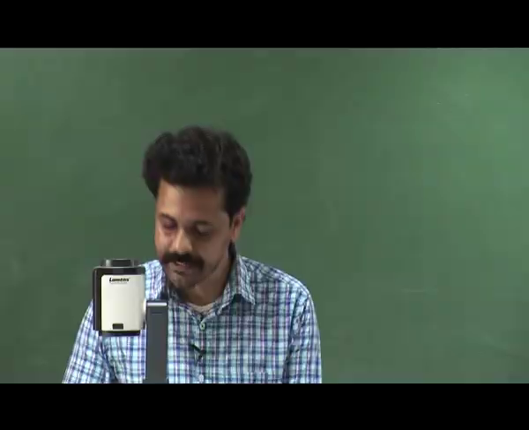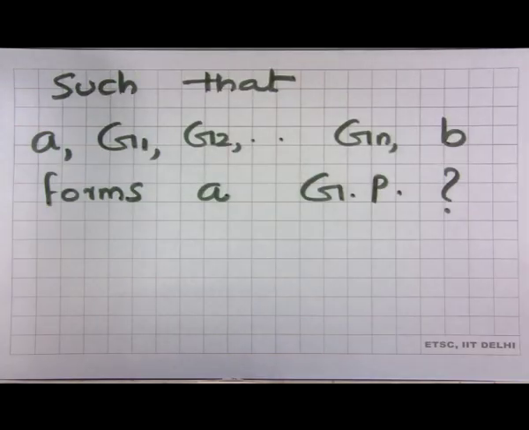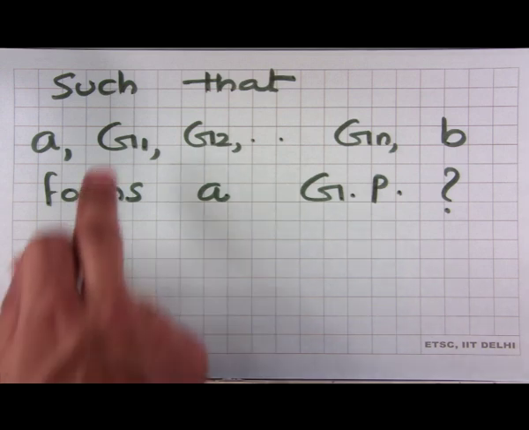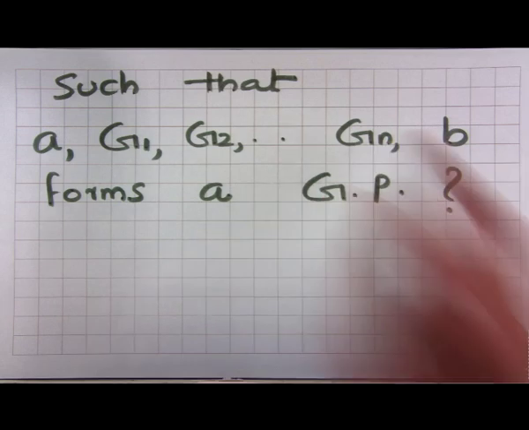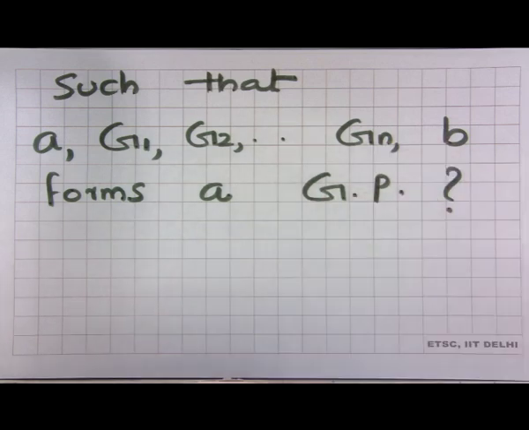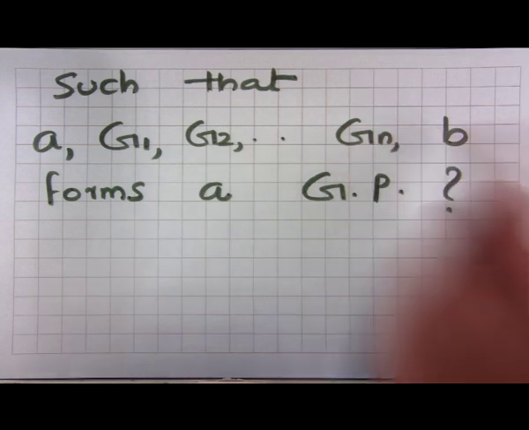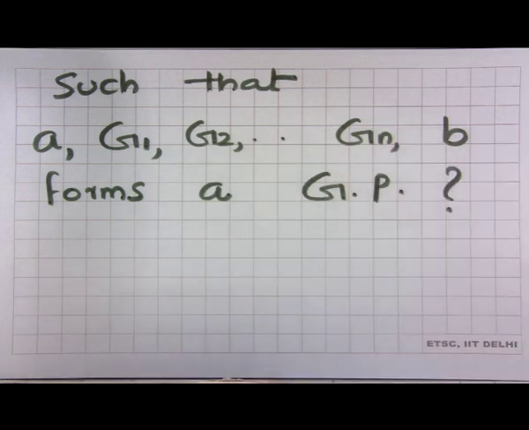Given two positive real numbers A and B, we would like to insert n real numbers which we designate G1, G2, etc., Gn, so that A, G1, G2, etc., Gn, B form a GP.